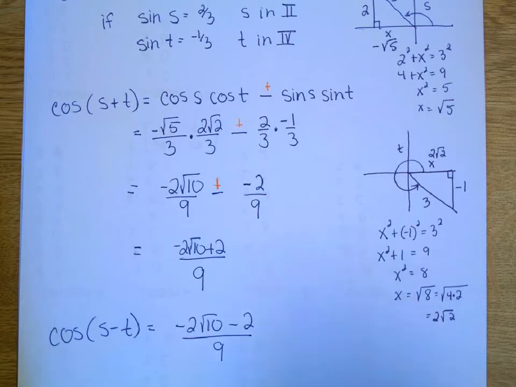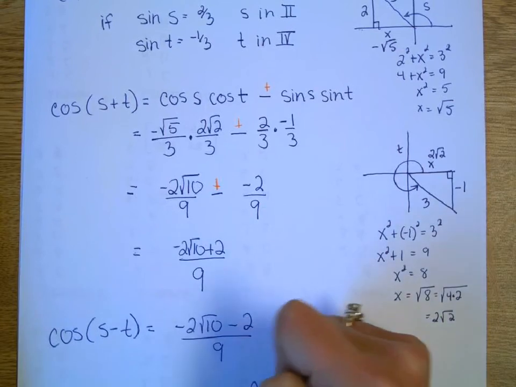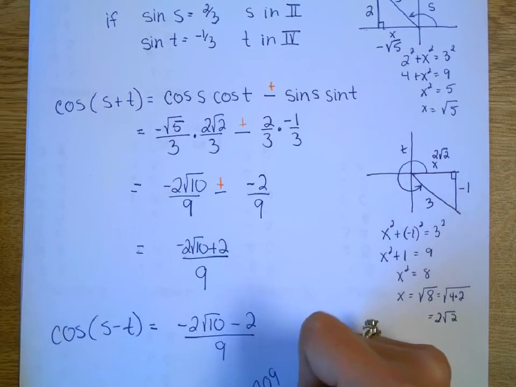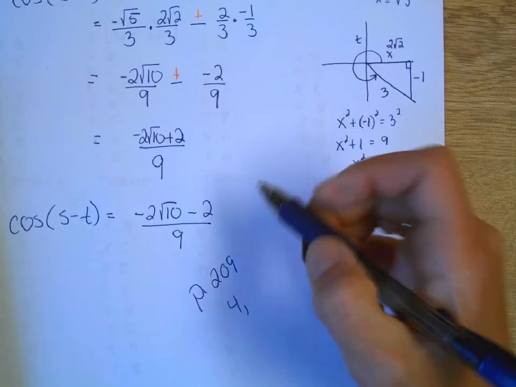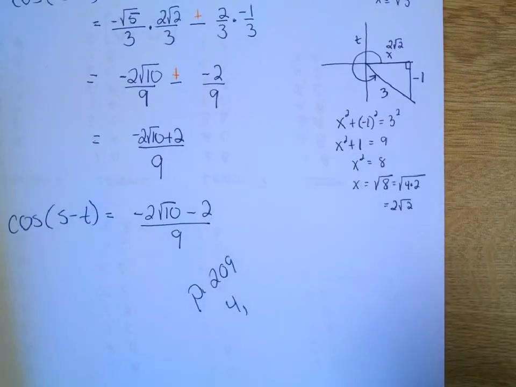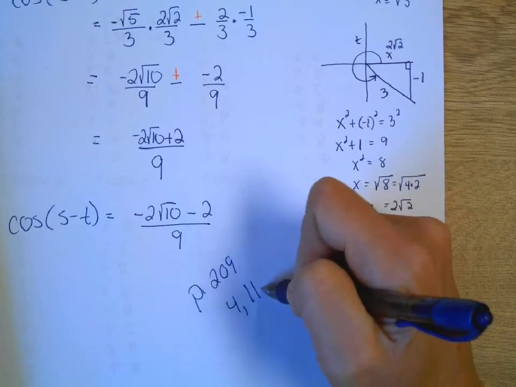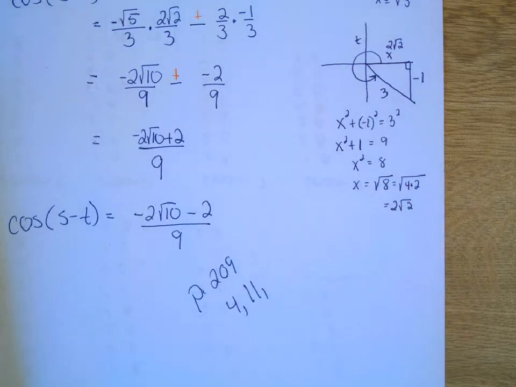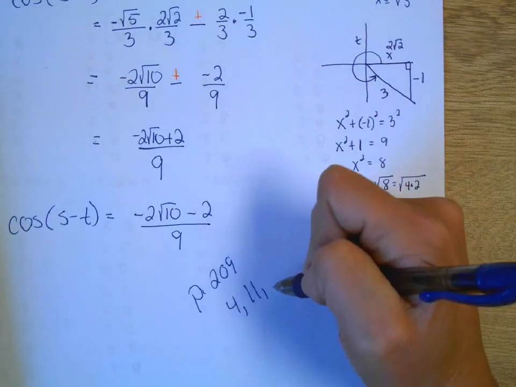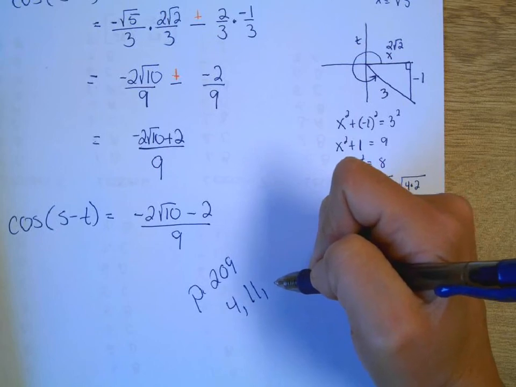Common occurrence. I do first. 11. 4 and 11. Nice. I like it. 40.